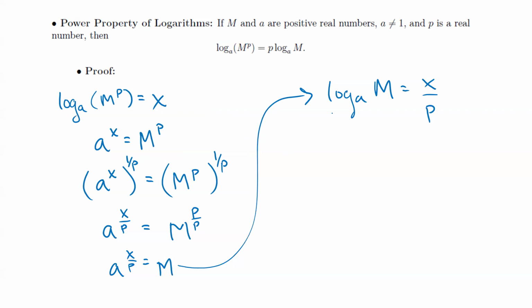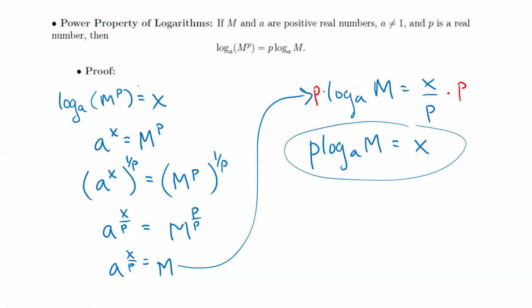And then if I multiply both sides of that equation by p, then I have x by itself again, but now it equals something different than it did at the beginning. So now p log base a of m is equal to x. All right, so there you go.